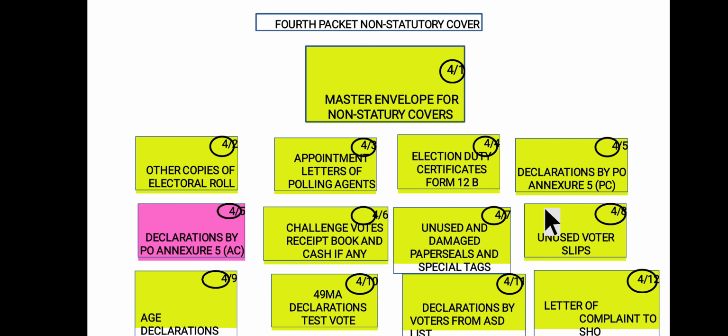Now let's move on to the important flow chart of the election covers, which is the fourth packet, the non-statutory cover.